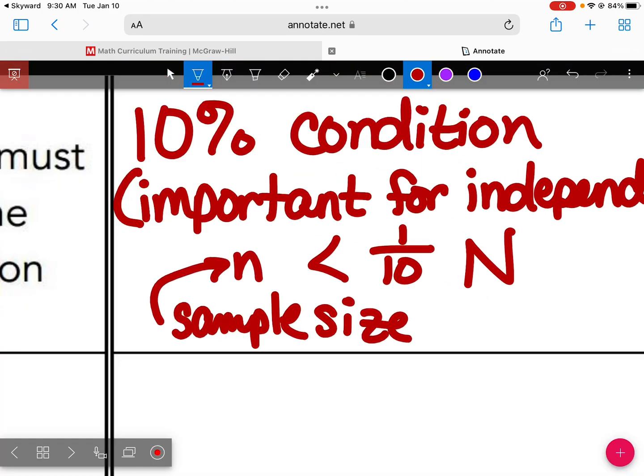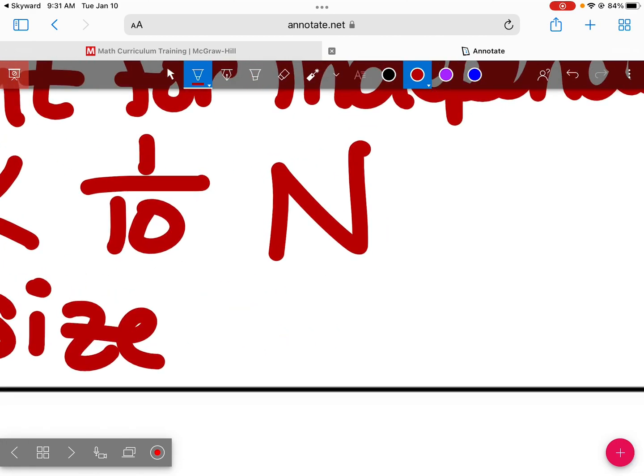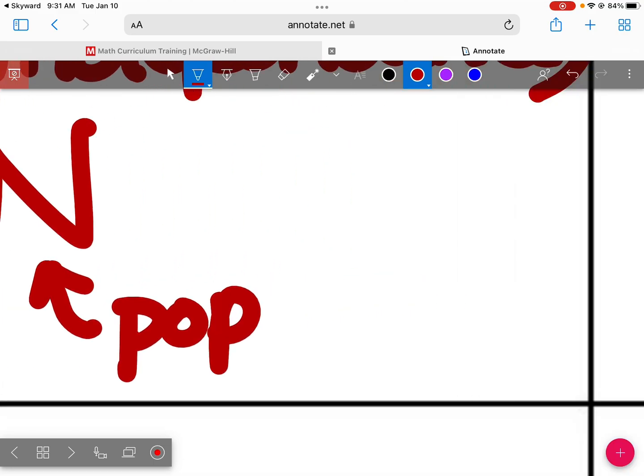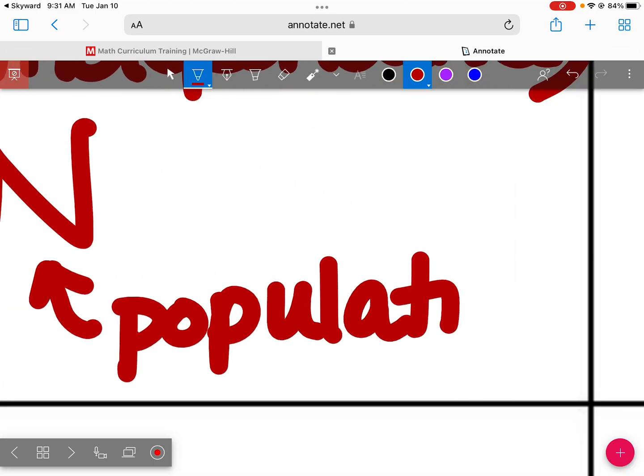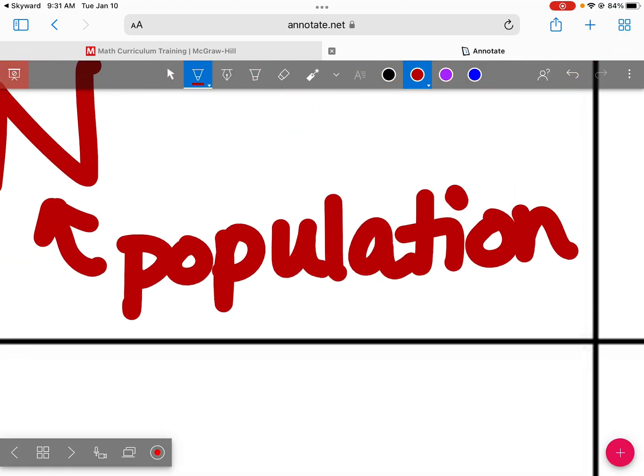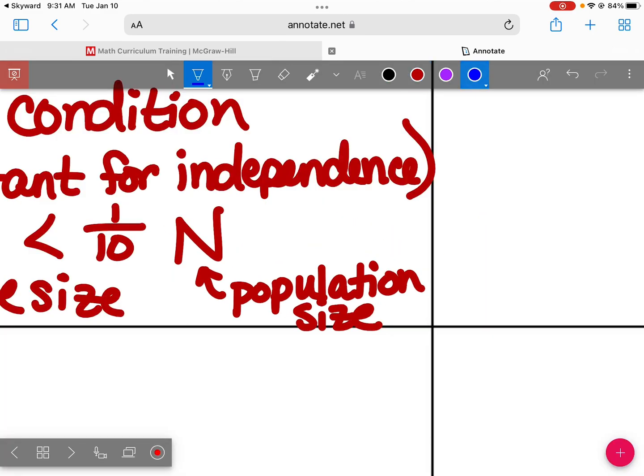Little n is my sample size. Big N is my population size. And so I would want to write it down like this, but then I could check it by multiplying my sample size by 10 and saying, I know my population is at least that big or bigger.